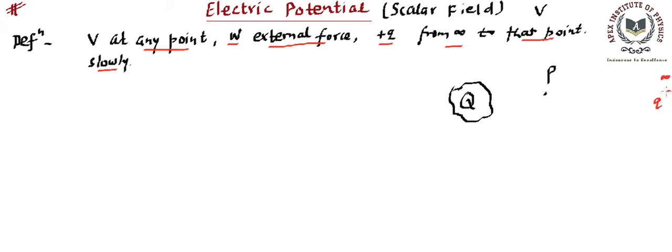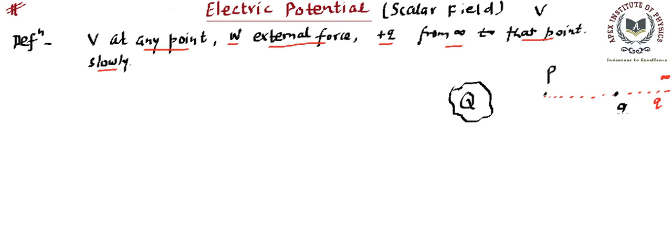When we bring this charge slowly to the point P, during this journey there has to be work done by the external force, the force that is bringing this charge, and that work done will be the potential at point P if the charge is unit. Let's say during the journey the charge is at this point at any instant.